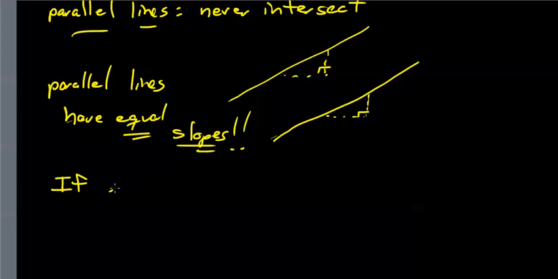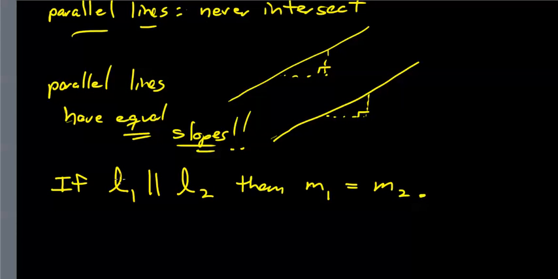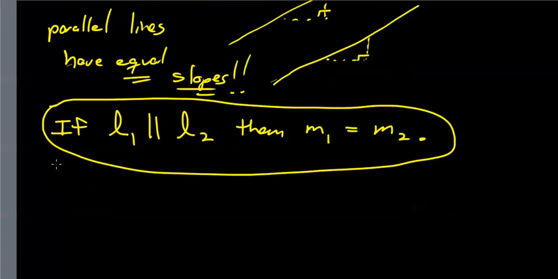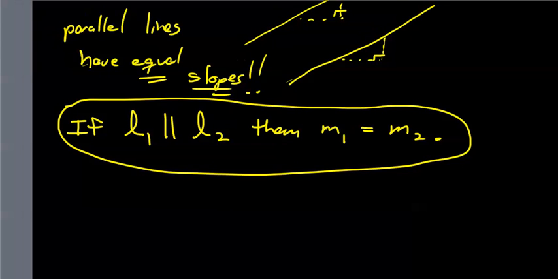If line 1 is parallel to line 2, then the slope of line 1 equals the slope of line 2. And of course the subscripts here are referring to lines 1 and 2 respectively. I think everybody can believe that without too much argument.